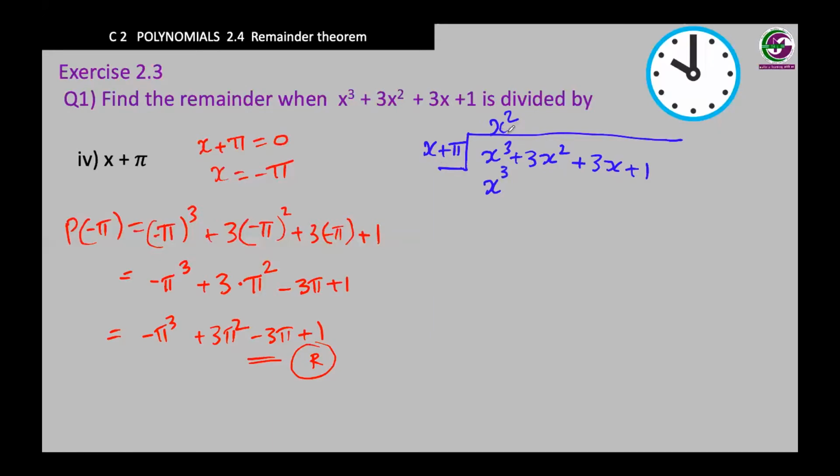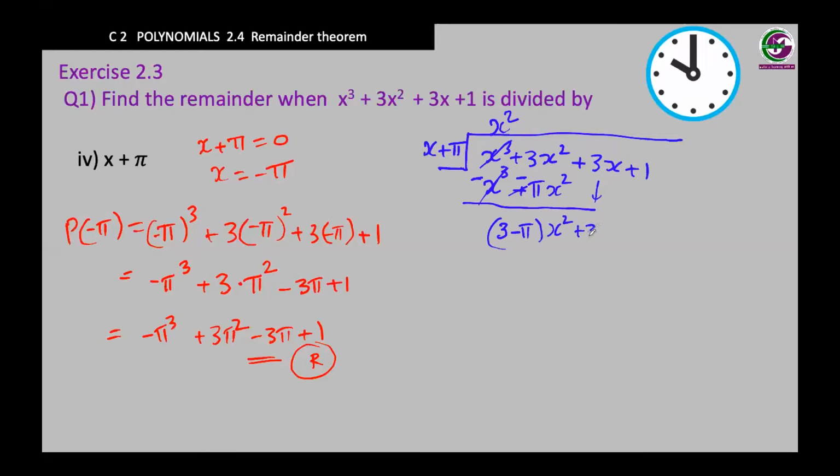Pi multiply x square, which will be pi x square. Now change the sign. This will be minus and this will also be minus. These two get cancelled. 3x square minus pi x square. We can say it is 3 minus pi x square because x square is common.